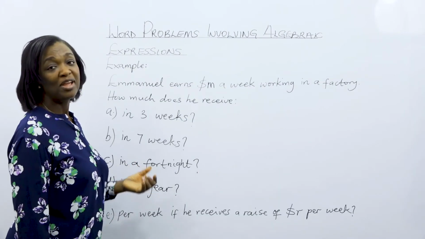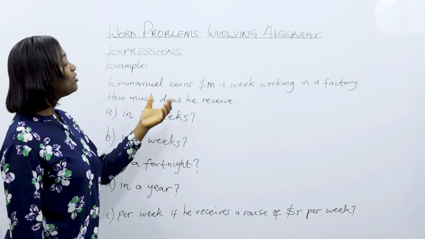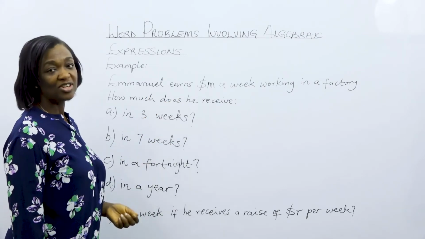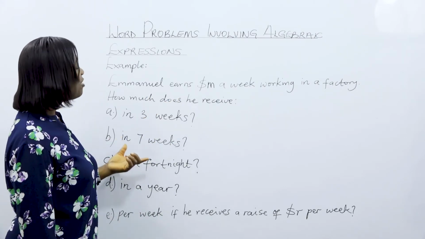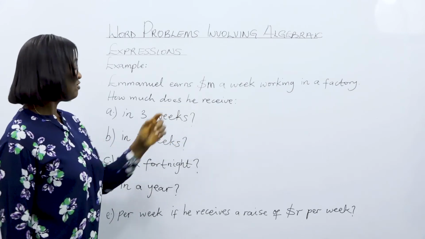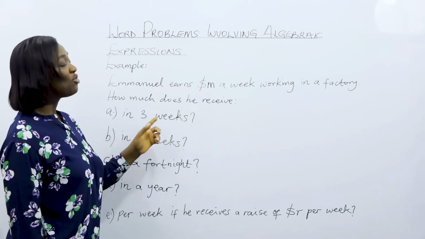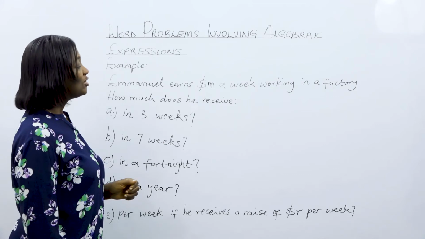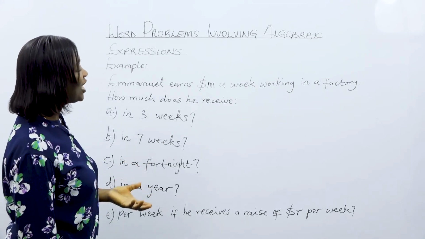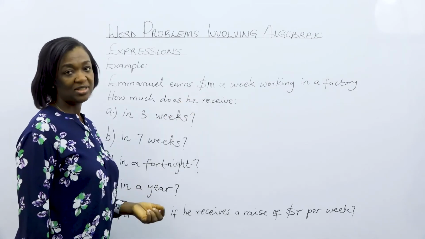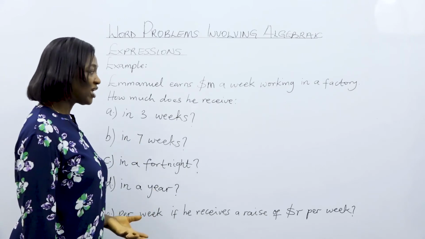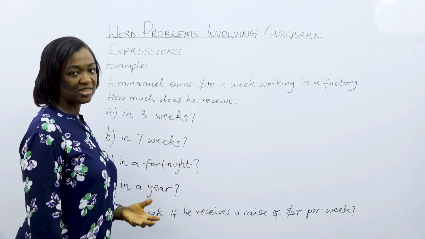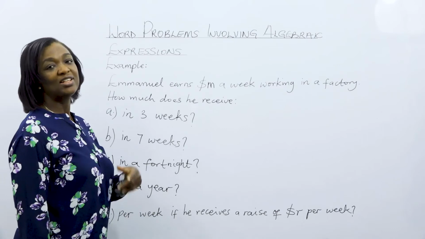In this example, Emmanuel earns $M a week working in a factory. How much does he receive in 3 weeks? So that means that for every week he earns $M. So he works another week, he earns $M. The third week he earns $M.